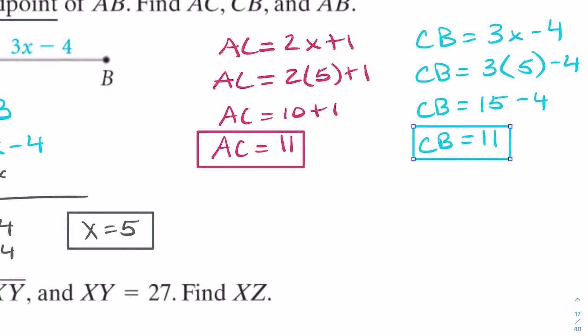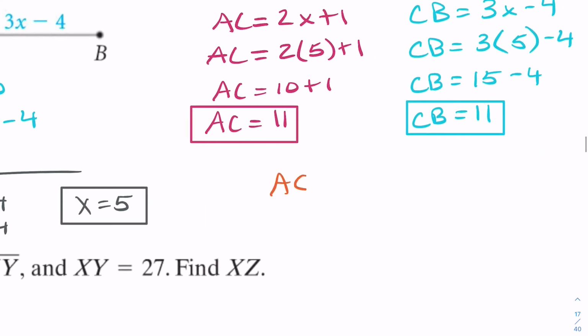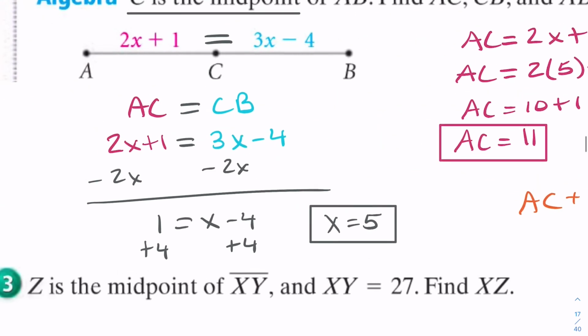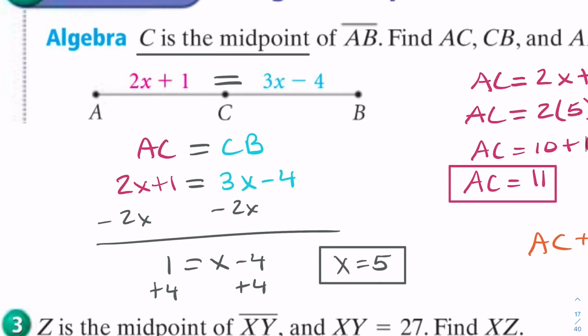And now I am going to say that AC plus CB equals AB. So what I'm saying here is that AC, this part, plus CB, this part, is equal to the whole thing, this part.